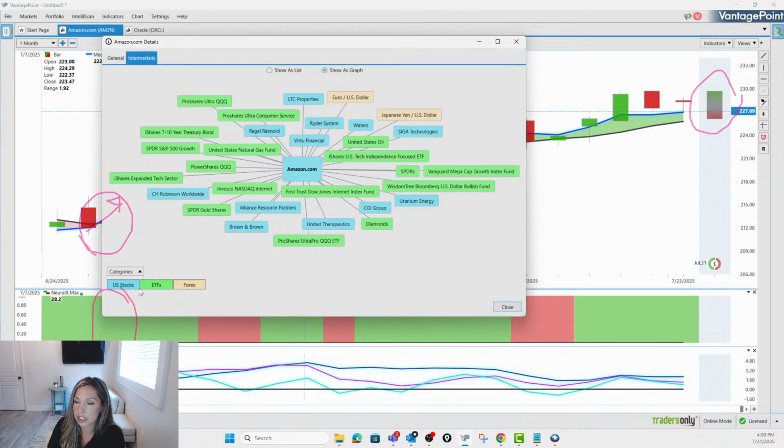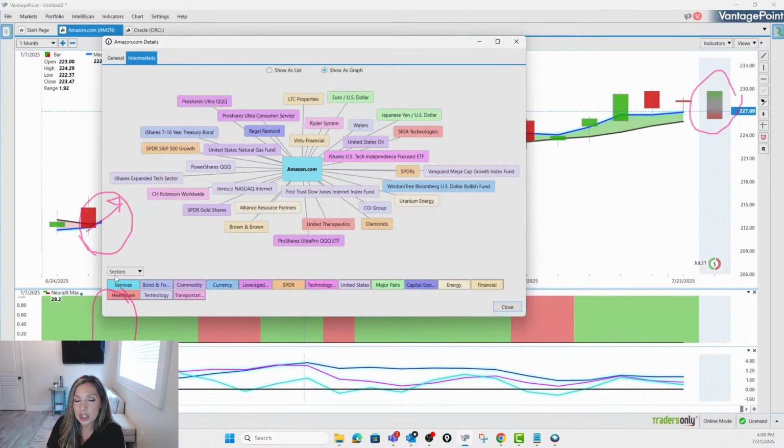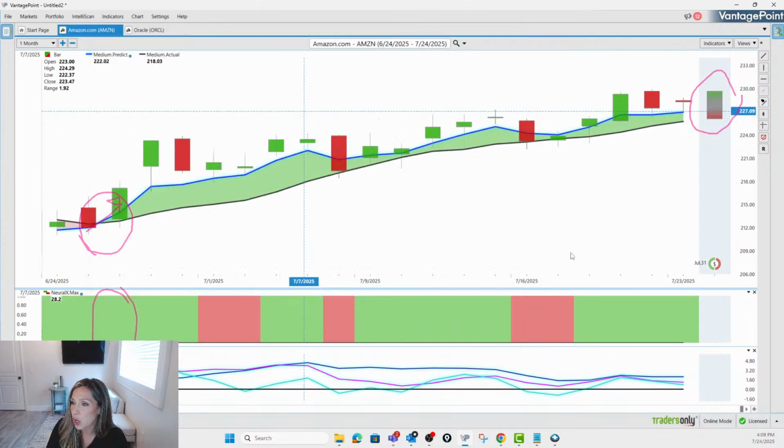You could also switch this to different sectors so you could see the different categories that are impacting, pushing, pulling, and driving Amazon itself. So this is just a look behind the scenes at what the artificial intelligence is doing for you to come up with these forecasts. Incredibly powerful tool using that artificial intelligence to give us our forecast.